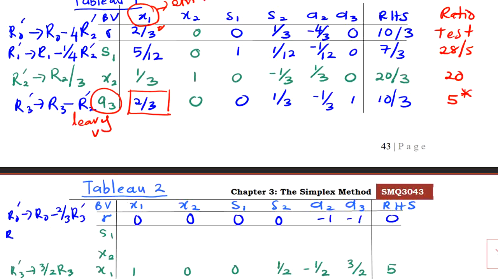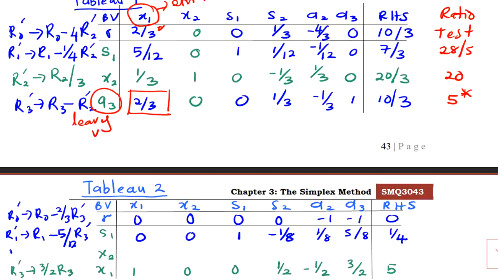And then row 1 new, row 1, row 3 new. So here 5 over 12, therefore here -5 over 12. So we get 0, 0, 1, -1 over 8, 1 over 8, 5 over 8, and 1 over 4.